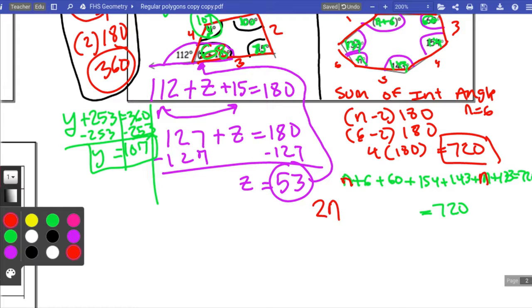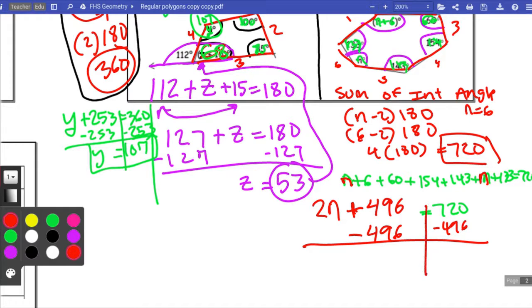And then the rest, just put them in your calculator. 6 plus 60 plus 154 plus 143 plus 133 equals 496. Next, subtract 496 on both sides from 720. Okay, so here we are. And then the last step is divide by 2.